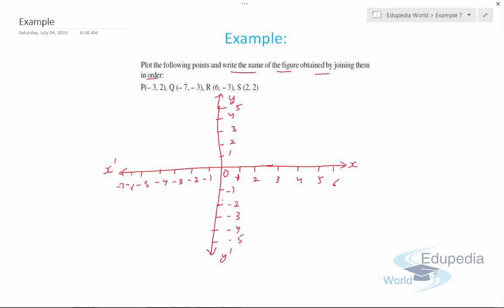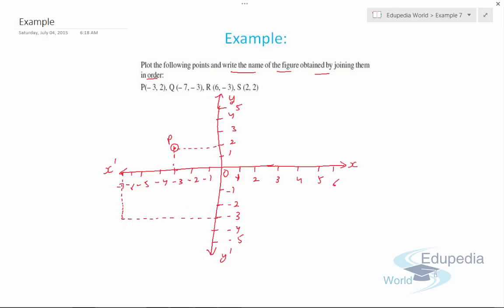Now the first point is P, -3 and 2. -3 is here and 2 is here. So we can draw a line like this. So this point is the P point. Q point is -7 and -3. So -7 and -3 will be here. So we can draw a line like this.